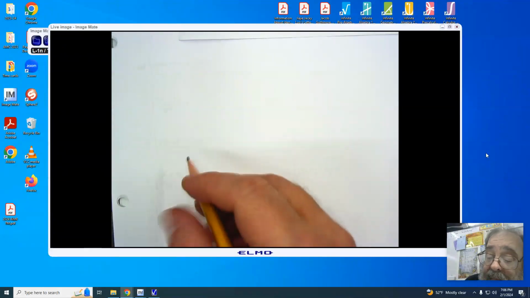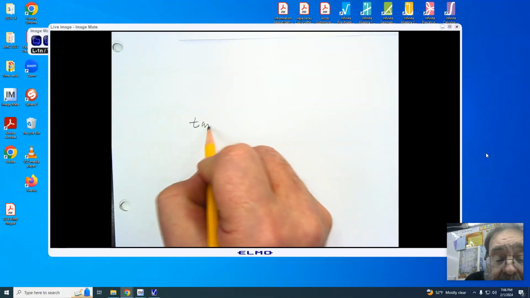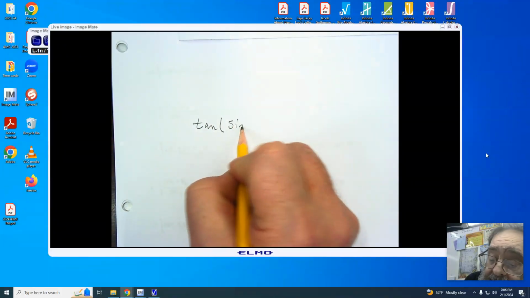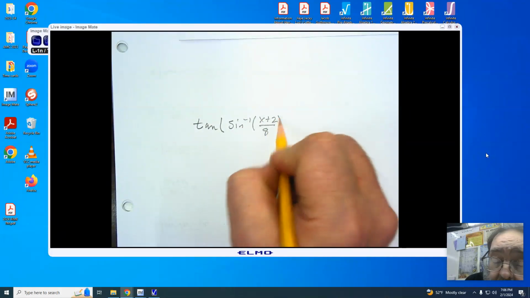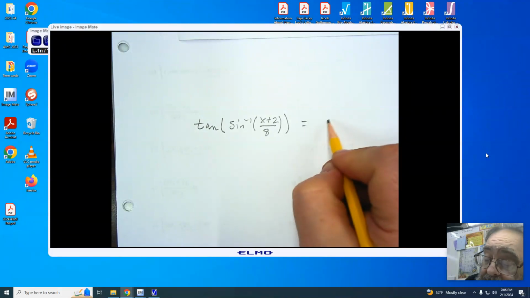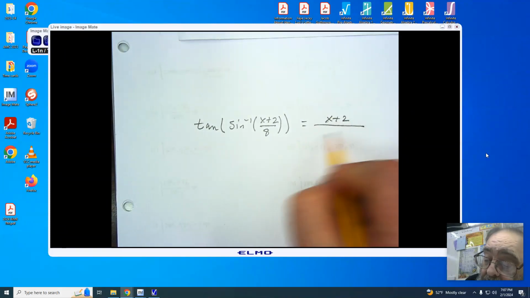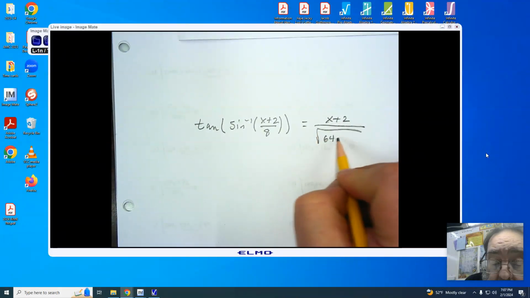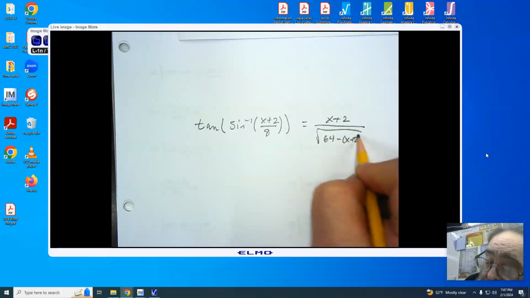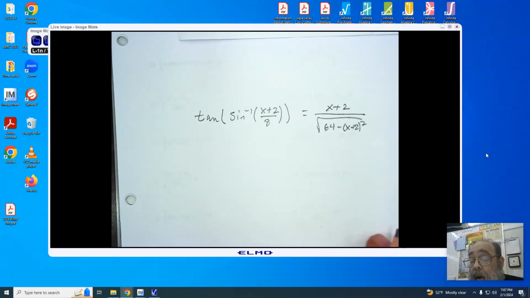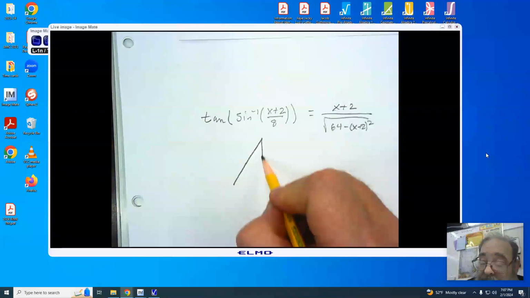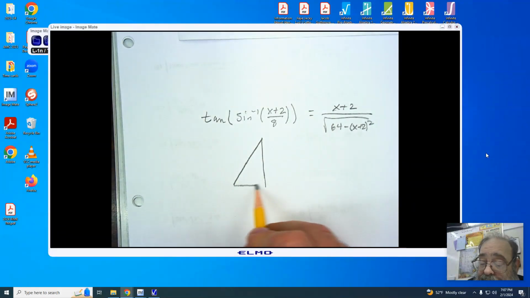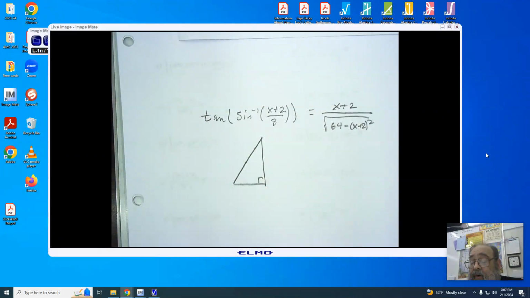I'm going to start off just writing down the problem again so that I can reference it easily while I'm doing my work. I want to show that it is x plus 2 divided by the square root of 64 minus x plus 2, the quantity squared. Now we know that we're going to assume that this is in the first quadrant, all right? So just be aware, I'm assuming it's in the first quadrant.